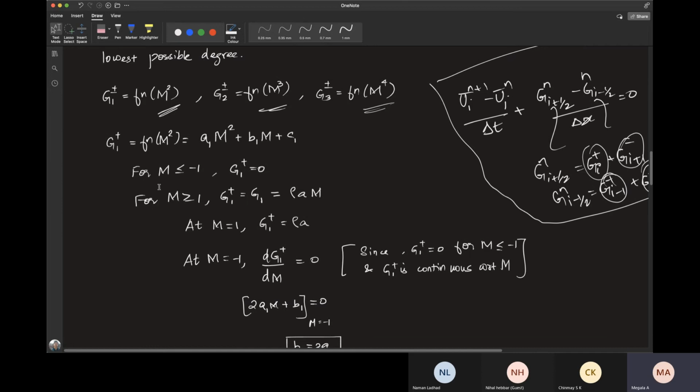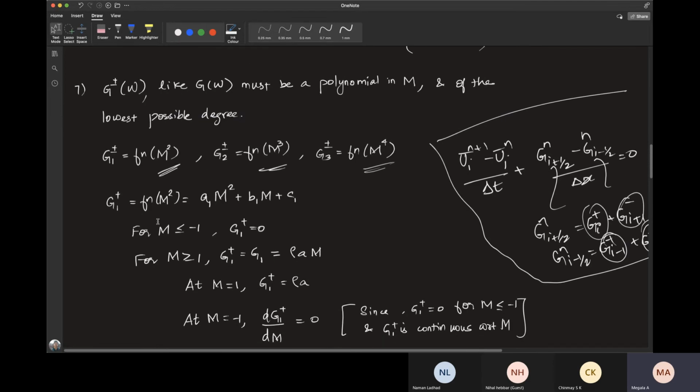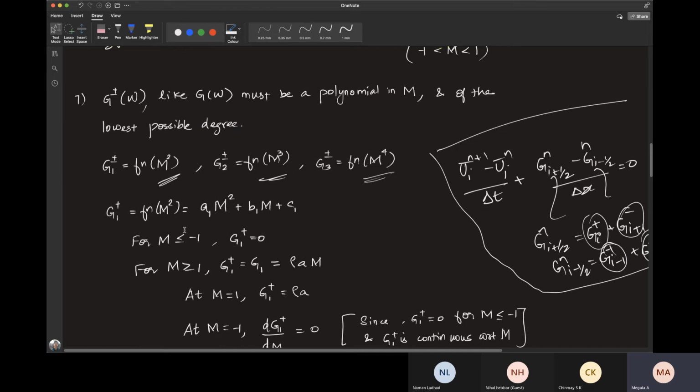So, for Mach number less than or equal to minus 1, we want g1 plus to be 0. For Mach number less than or equal to minus 1, this is supersonic flow towards left. So in this case, you want g1 plus to be 0 and g1 minus to be g1.